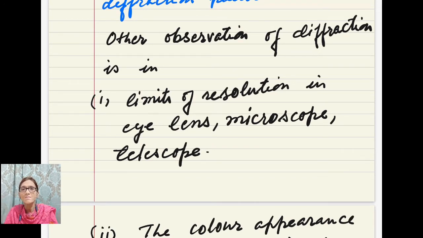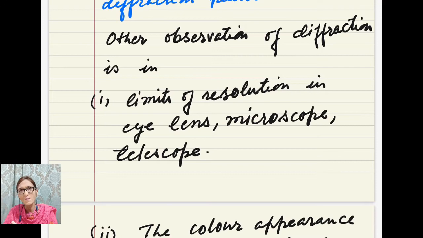They will become a single entity when we view. Here we are unable to resolve the two objects separately. And here diffraction limits the resolution of the eye lens, microscope and telescope.